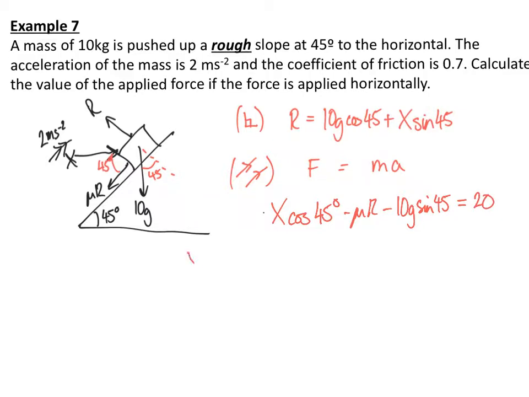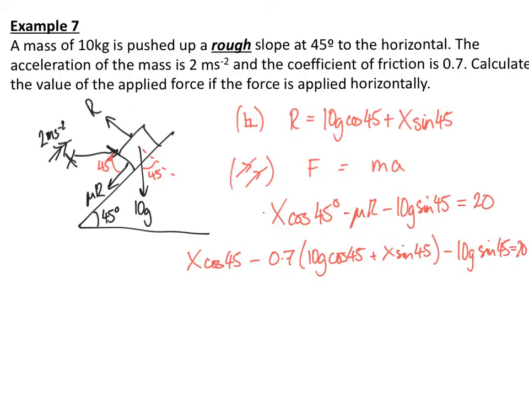So we've got X cos 45 minus, well, friction is 0.7, and R we've got as 10g cos 45 plus X sine 45. And then we have minus our 10g sine 45 equals 20.